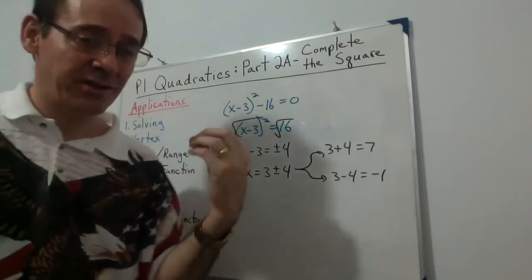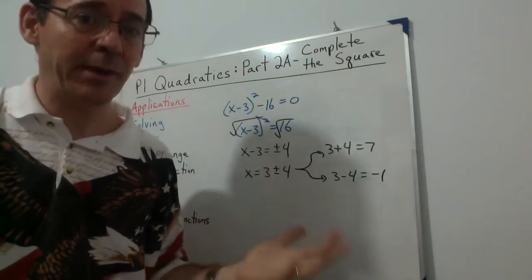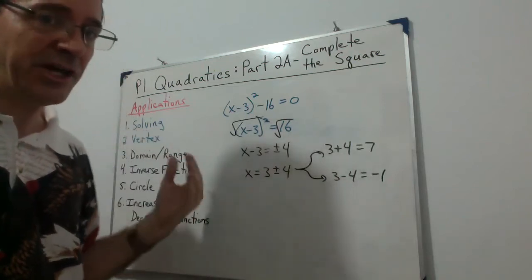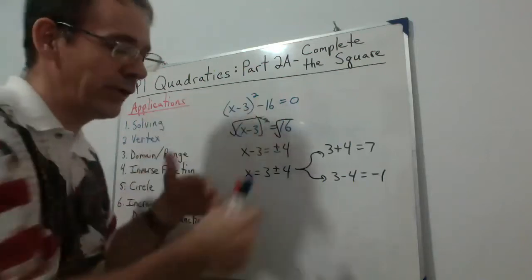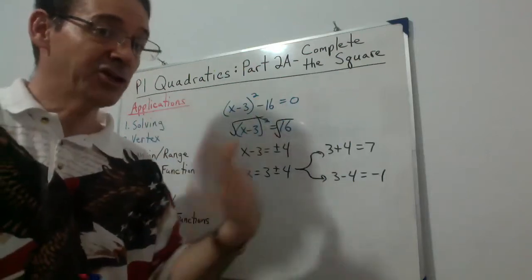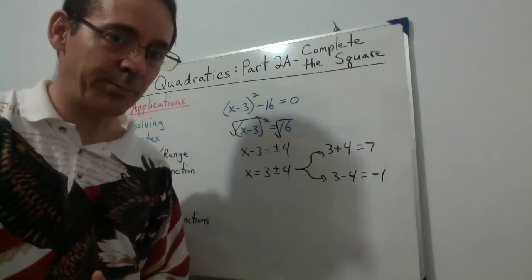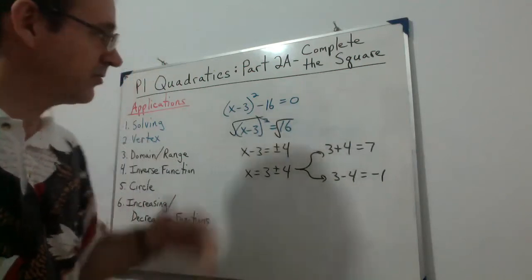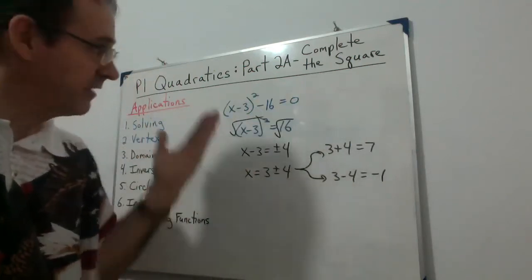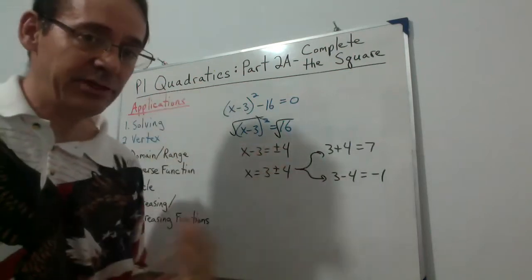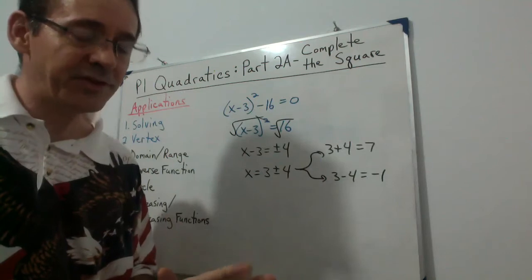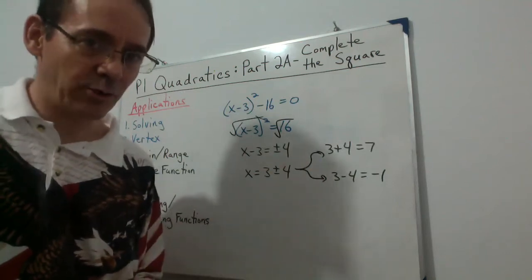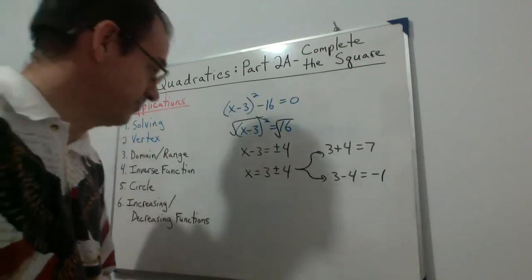We would use the quadratic formula or another method, unless, like I said, it's already in this form, meaning someone else did the completing for you. So if we already start in this form, yes, it can be used for solving. It's not really its main purpose, but that's what they start you out with in the IGCSE material.